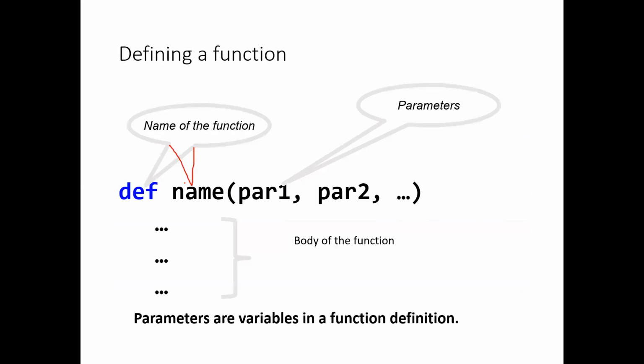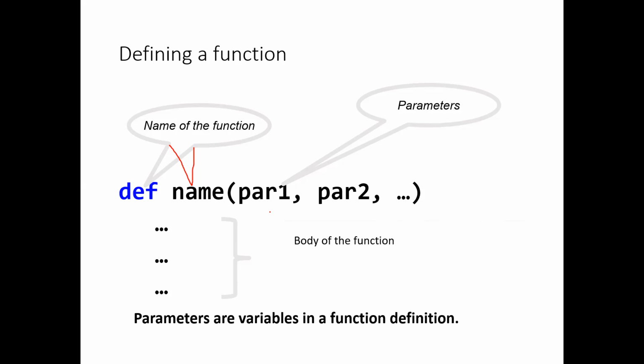Now, in Python, to define a function, we have to use the def keyword, and then we need to provide a name for the function, and then within brackets you list any parameters. These parameters are used within the body. Let's say you are going to write a function to calculate the area of a rectangle. So length and width would be your parameters.